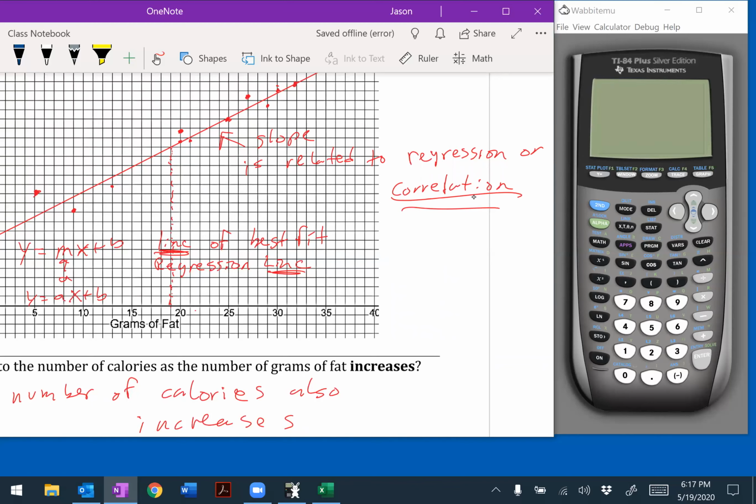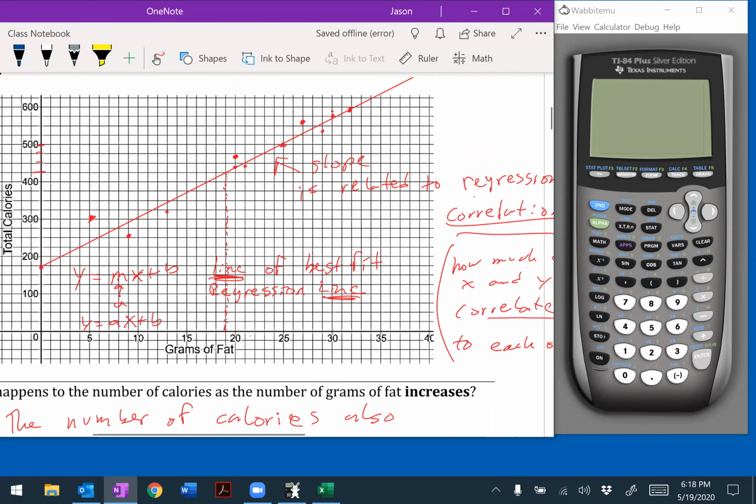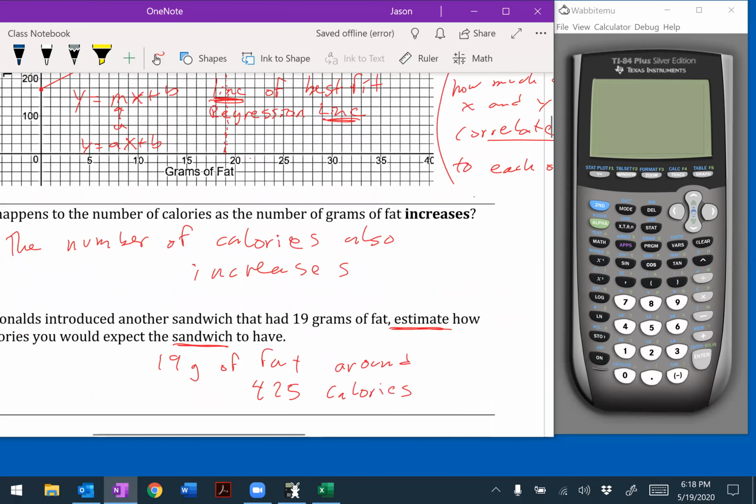How much do X and Y correlate or relate to each other? Do they relate a lot or do they relate a little bit? Okay, so we'll see. This, they relate a lot. That's a pretty linear trend. Now some of the trends are not going to be so nice and linear.